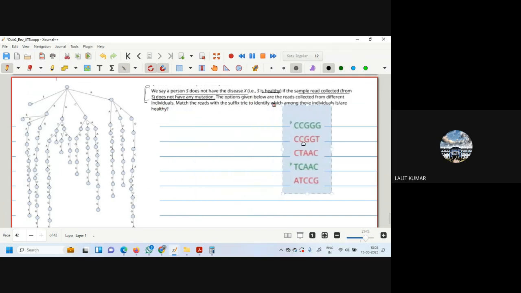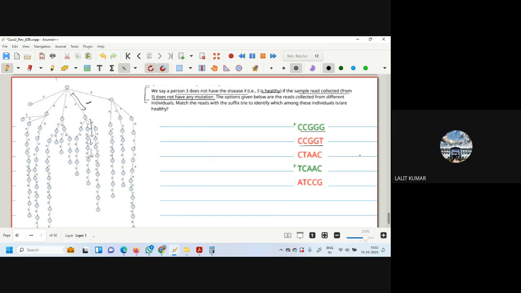Which is a perfect match, and which is not a perfect match. So we start with CCGGG. We have got C, C, G, G, and G. So till here it is matching. So this is a match. Then we check CCGGT.